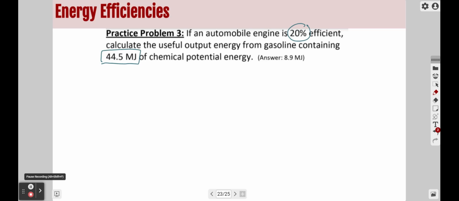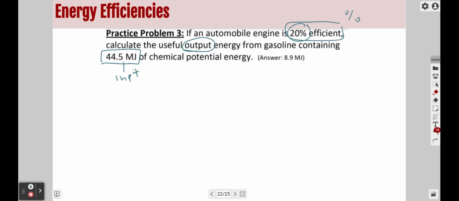Think about that for a second. Alrighty, so we have 20%, so we know the efficiency already, right? We want to calculate the useful output energy from the gasoline, and we know the input energy, so this is our input.